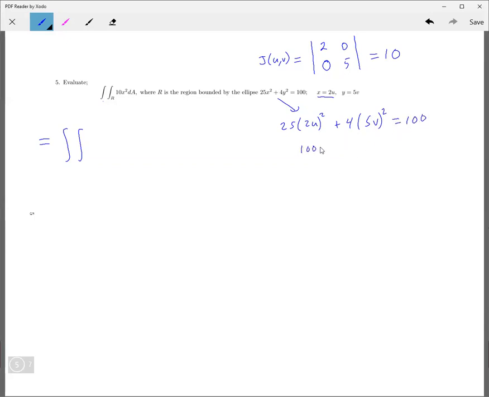So that's 100 u squared plus 100 v squared equals 100. So that's u squared plus v squared equals 1.